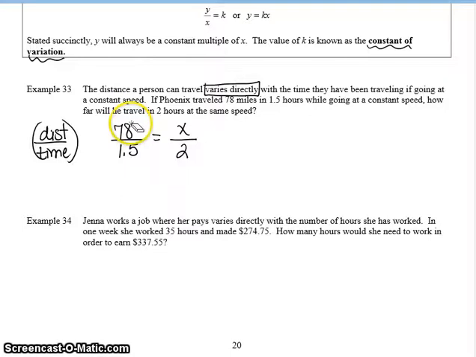So it's miles over hours is miles over hours. Cross multiply, and you're going to get that x is 104. So he traveled 104 miles in 2 hours. Should make sense. It's more than an hour and a half. Because in an hour and a half he only went 78 miles, so it's definitely going to be bigger than 78.